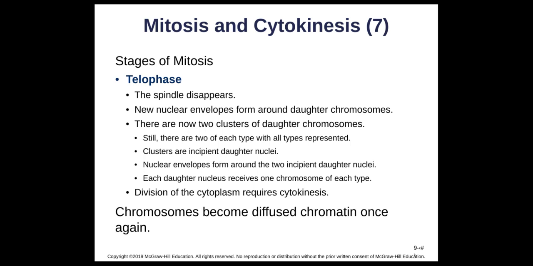And then the division of the cytoplasm has already started during telophase, but we know that that's called cytokinesis. Once we have that new nuclear envelope, those chromosomes will start to relax and become chromatin again.